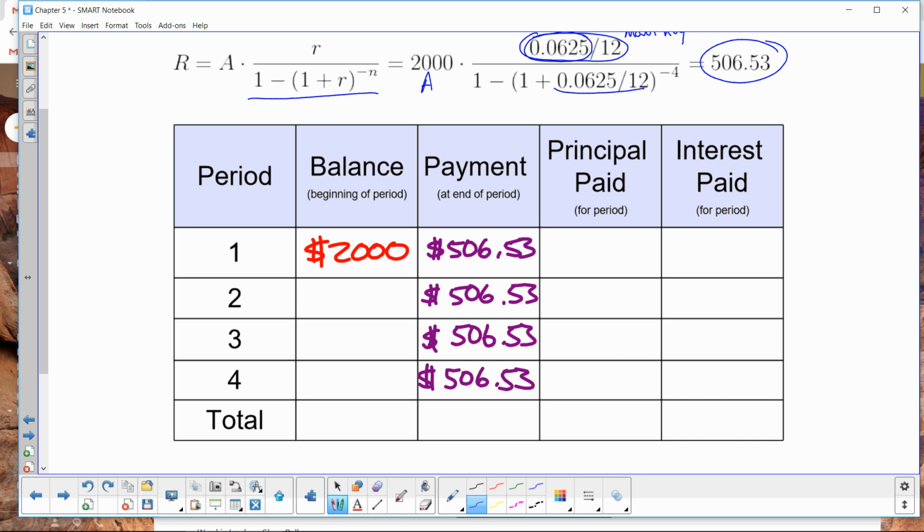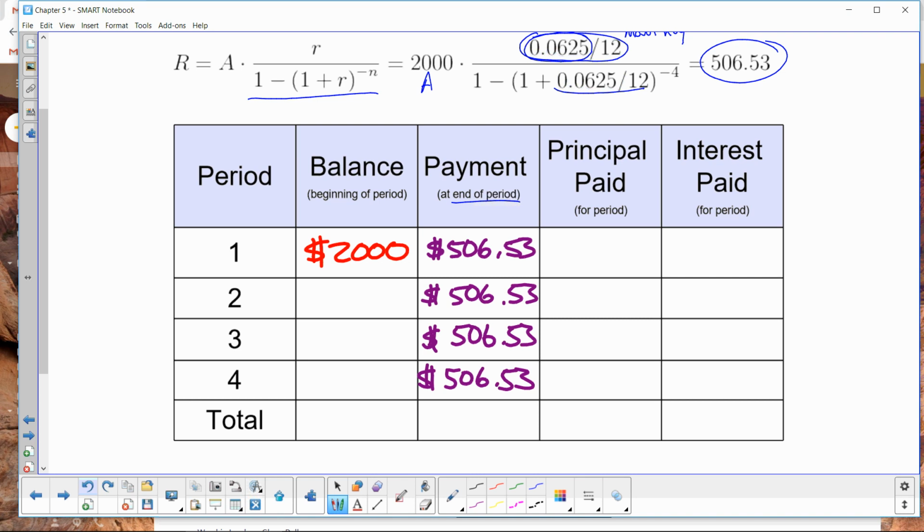Now, your interest. Let's do the interest. What's going to determine your interest? You're making your payments at the end of the month. And so before you make this payment, you've had $2,000 of somebody else's money for 1 month. So what interest is due on that?